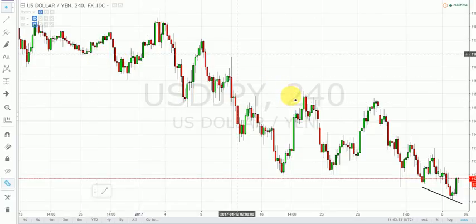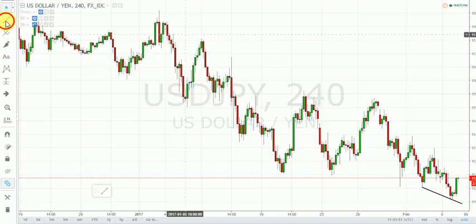But we can see the US dollar is making a bit of a resurgence at the moment. We've obviously hit this 4-hour supply area, so we should see a little bit of downside. But if the dollar index continues to rise, we could be thinking about taking longs on the break of a trend line on the USD JPY.